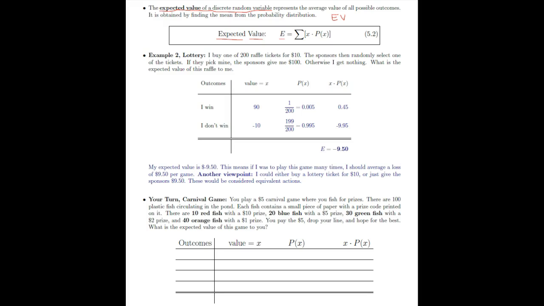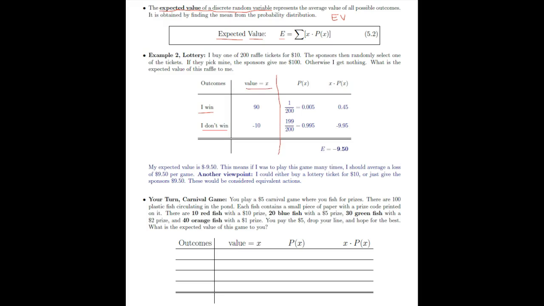So the way we do that is we calculate the mean of this probability distribution. In this situation, there are two outcomes. And the first thing you always want to do is list your outcomes. The two outcomes are you either win or you lose. And what are the values associated with those outcomes? I like to put those in a separate column.